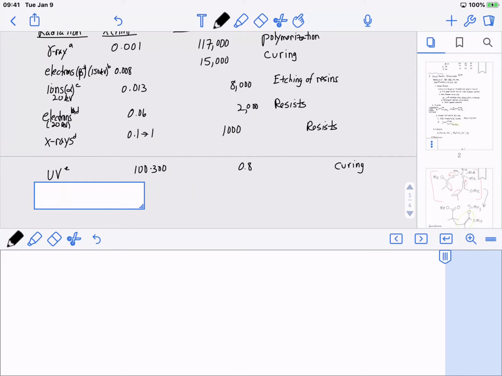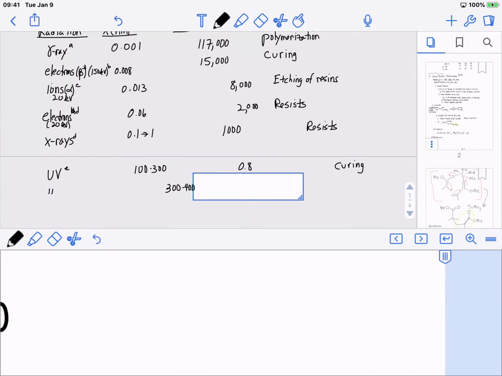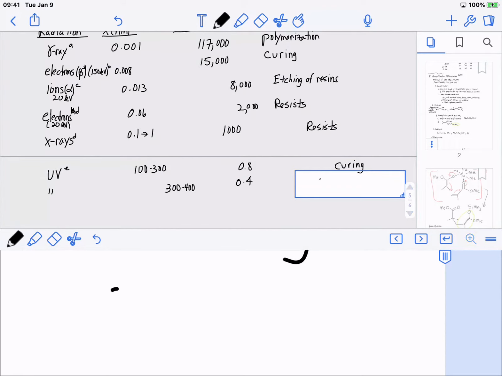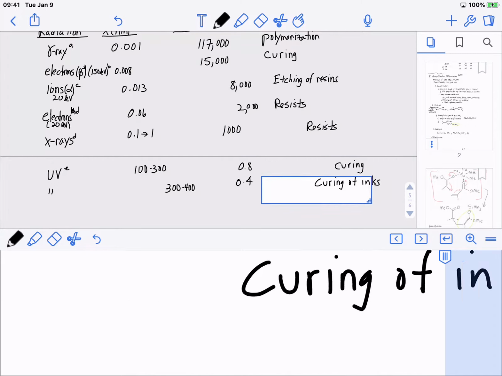You can use UV again, 300 to 400 nanometers, so even less energetic. 0.4. Use that to cure printing inks.